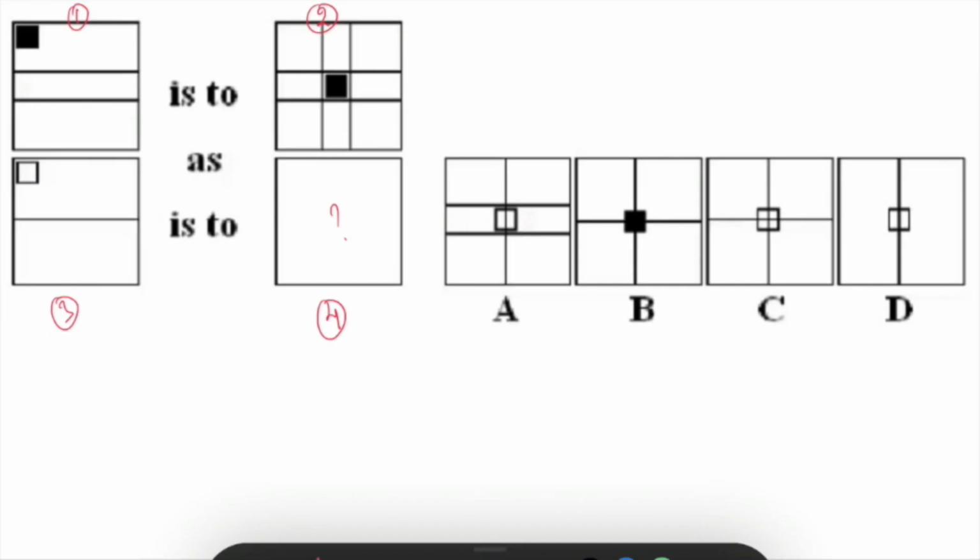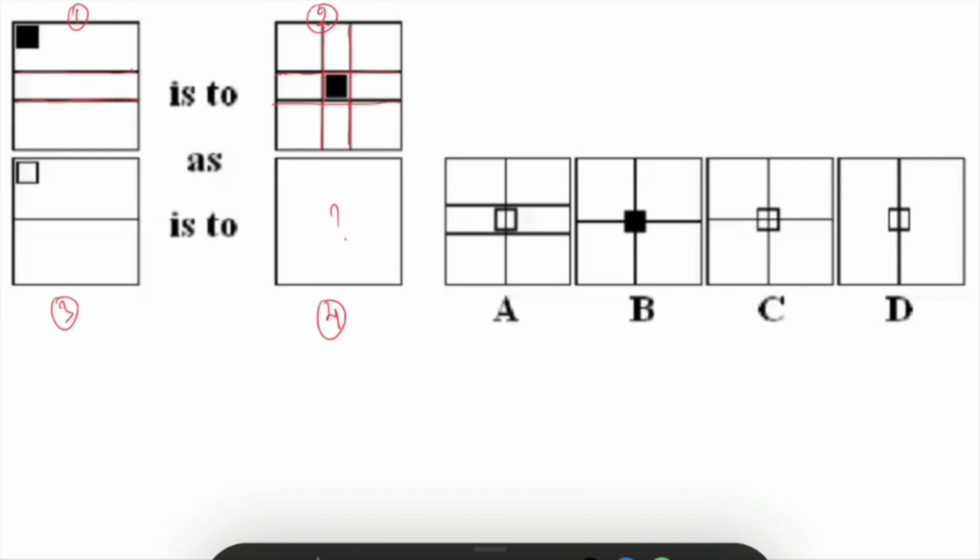So I have two parallel lines here, they are maintained in 2. Okay, we notice that in 2 we have an addition of two parallel lines in the vertical position.